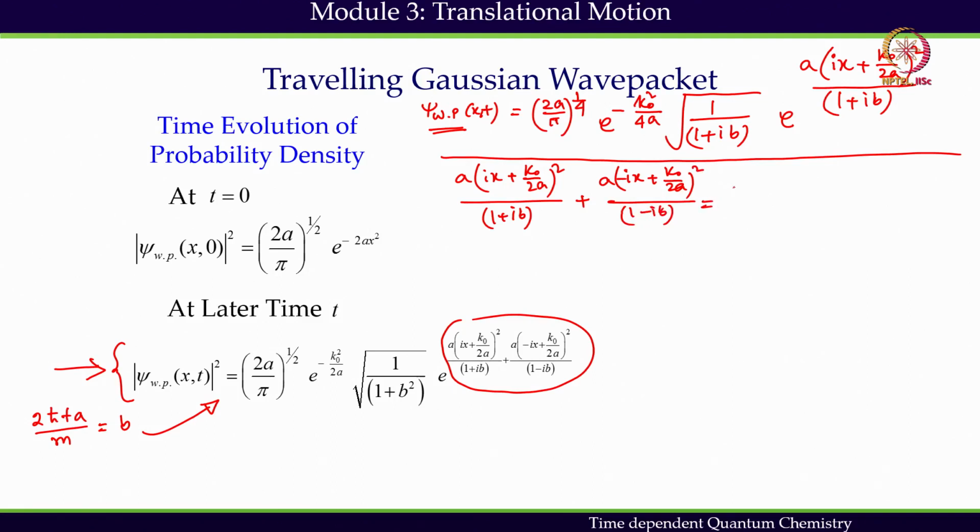This is going to be nothing but a by 1 plus b square, (1 minus ib) multiplied by (i x plus k naught by 2a) whole square plus (1 plus ib) into (minus i x plus k naught by 2a) whole square.